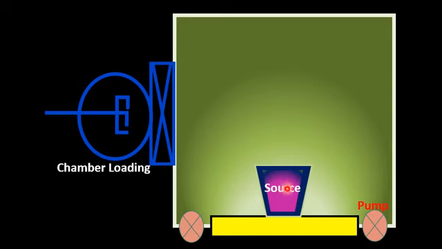So the boat used in MBE usually has a high melting point, and usually pyrolytic boron nitride is used in molecular beam epitaxy.